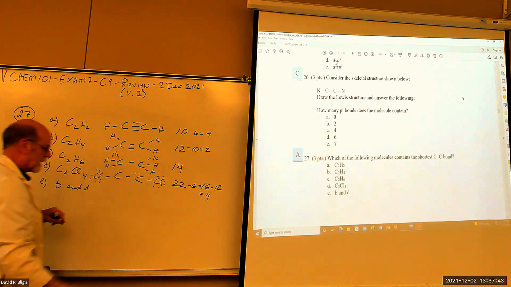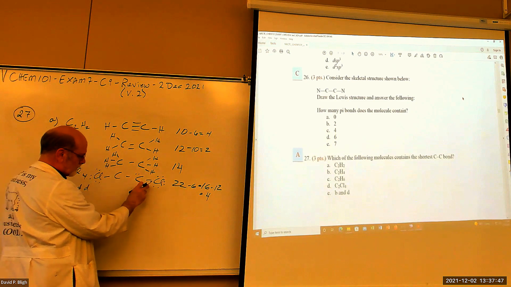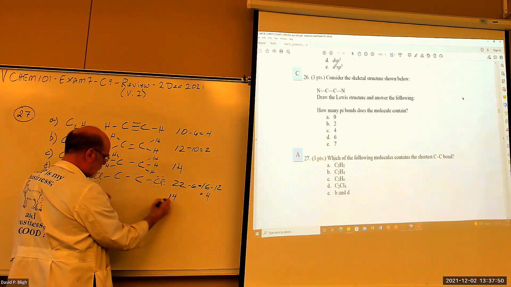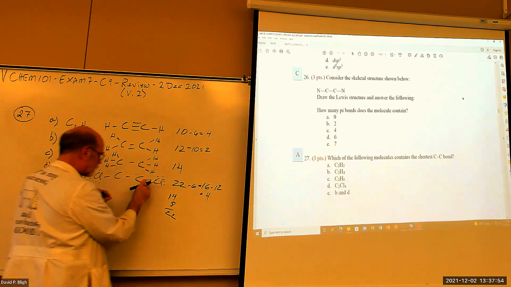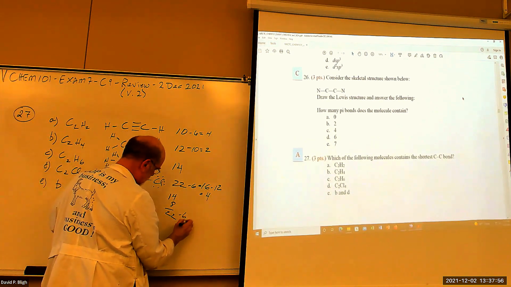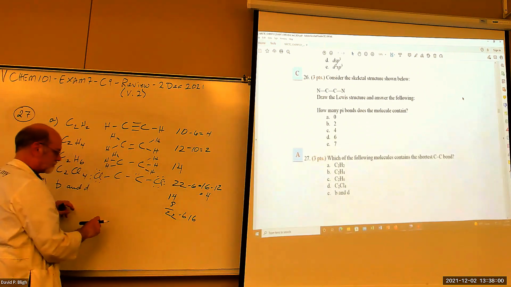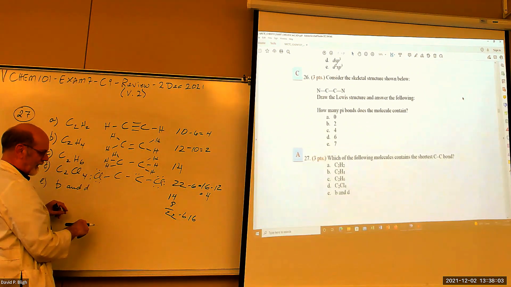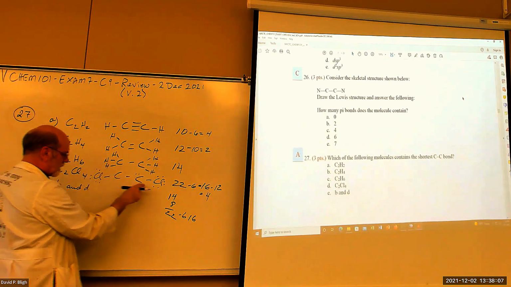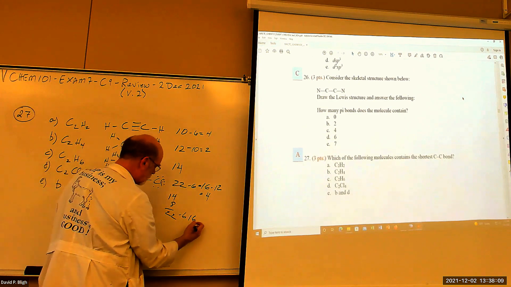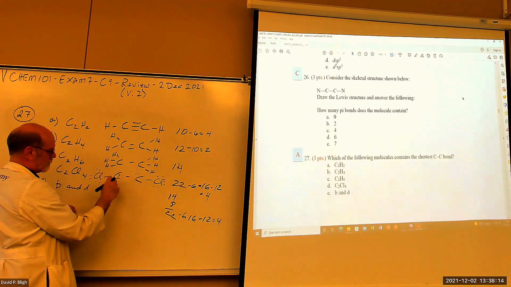Hold on a second. I don't think I calculated that right. 7 and 7 is 14. 8 is 22. That's right. 2, 4, 6. Yep, minus 6 should be 16. Okay. Minus 12 is 4. So we get 4 electrons.